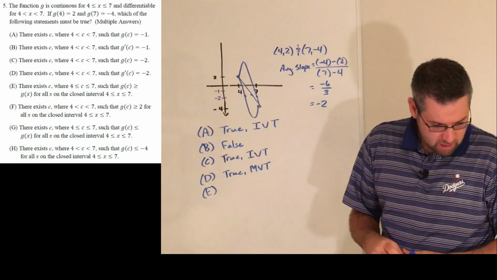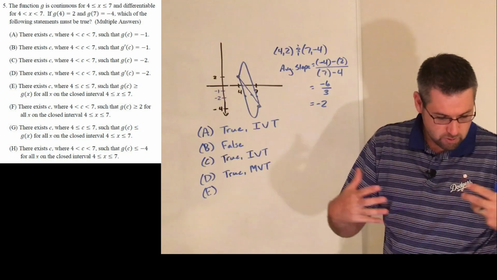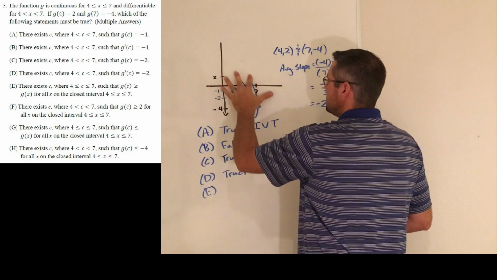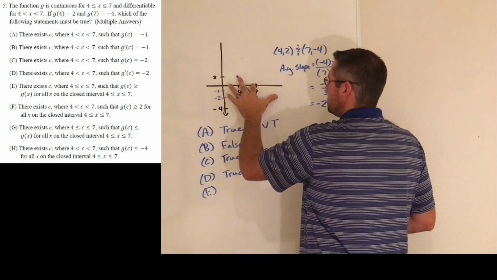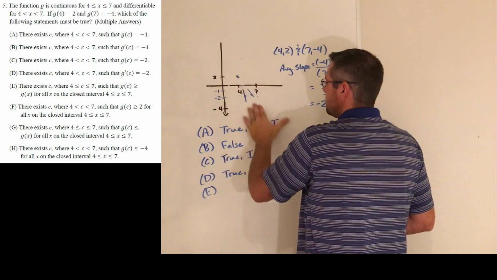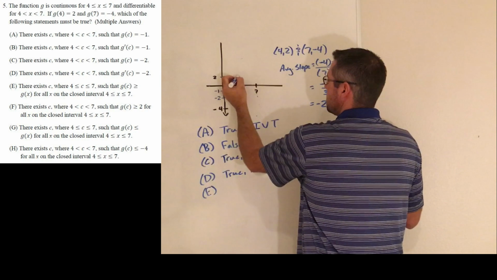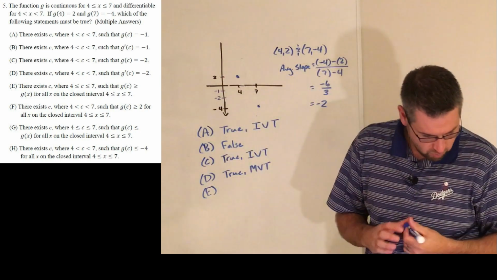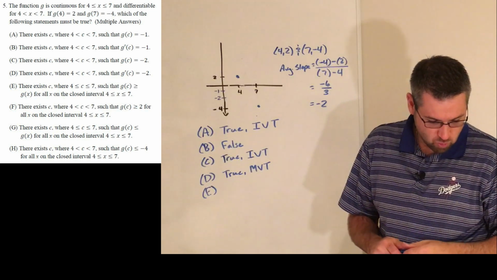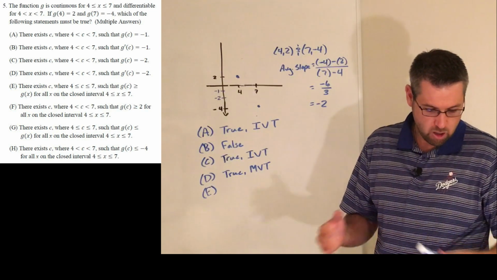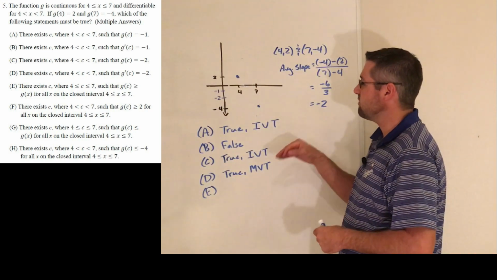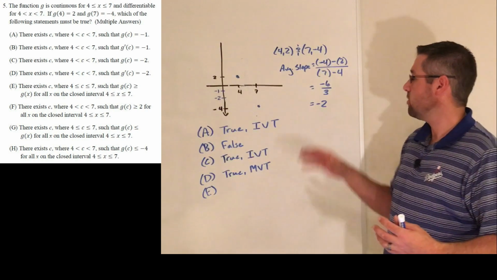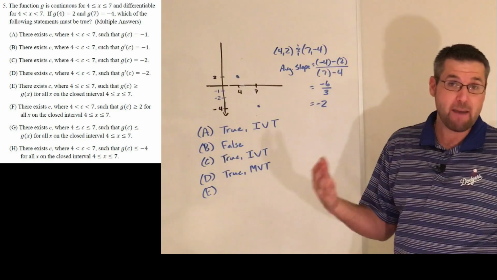For E, it says there exists a c value, an x value, in the closed interval 4 to 7 for which g of c is greater than g of x for all x values. In other words, this x value is producing a higher point than any other value on that graph. In other words, there is a maximum.